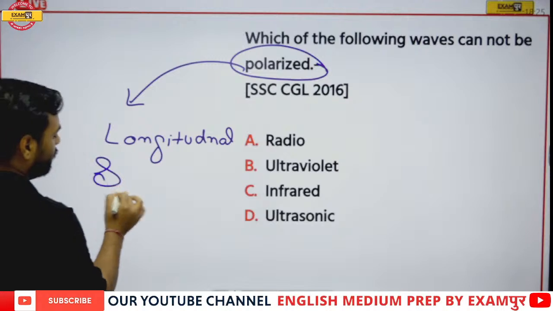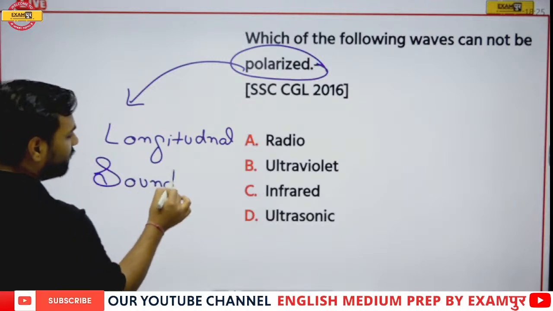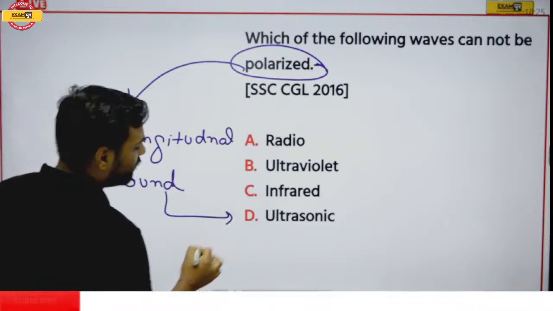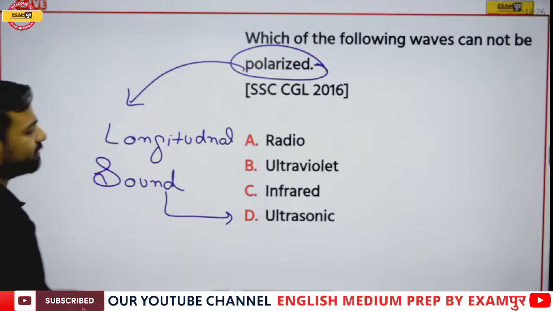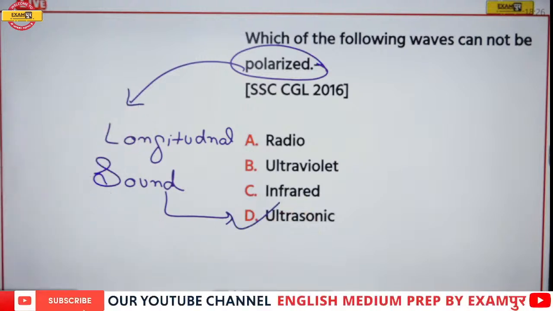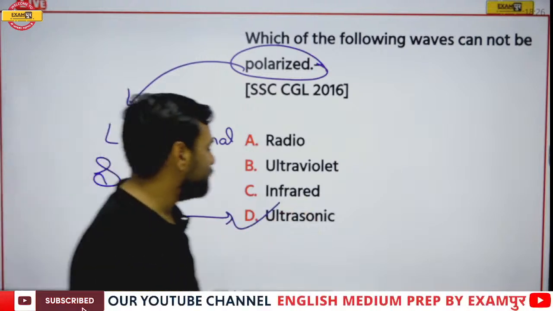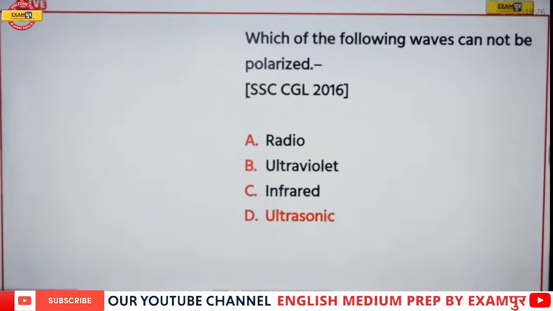We are aware that sound is a longitudinal wave, and ultrasonic waves are from the sound part, that is, they are longitudinal. Here, option D is sound, which means it is longitudinal in nature and hence it cannot be polarized. So option D, that is ultrasonic, would be the correct answer.